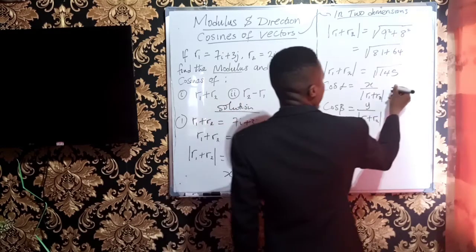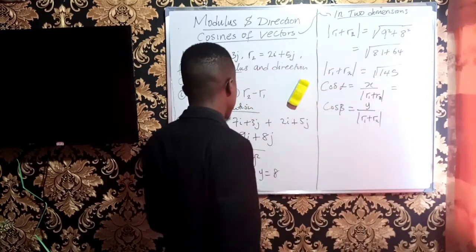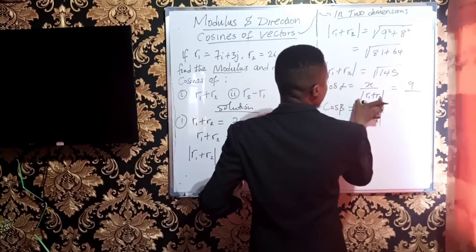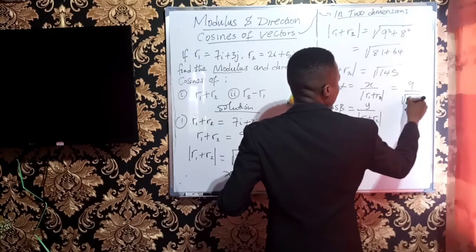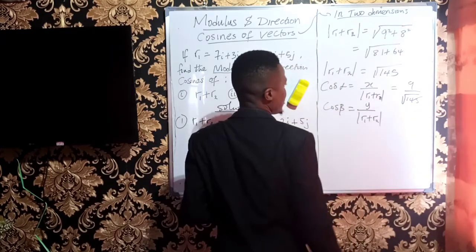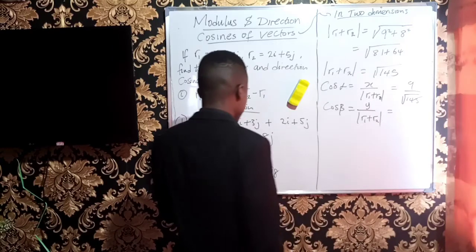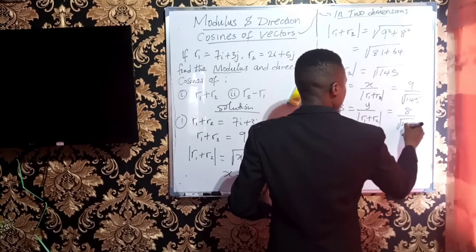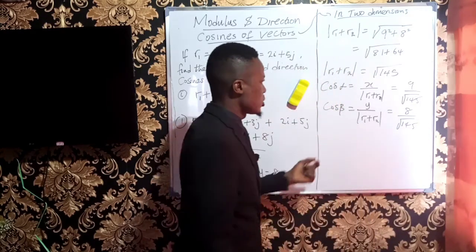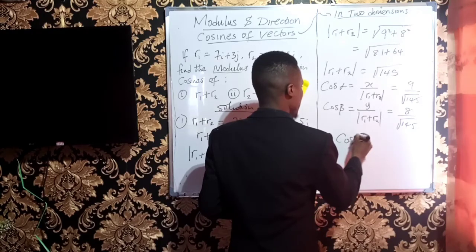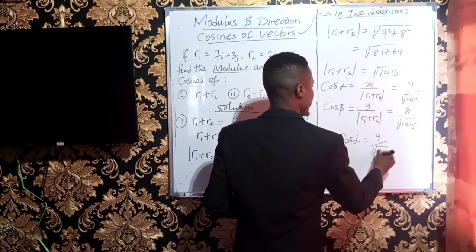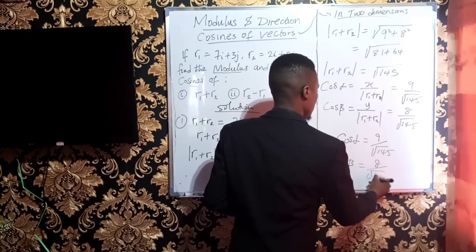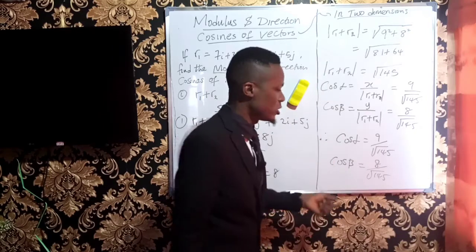So my cos alpha will be x, my x here is 9, so it will give me 9 over the square root of 145. That's just the answer. For cos beta, it will be y, and my y is 8, so this will give me 8 over the square root of 145. So this is the direction cosine. Therefore, cos alpha is 9 over root 145, and cos beta is 8 over root 145. These are the direction cosines.